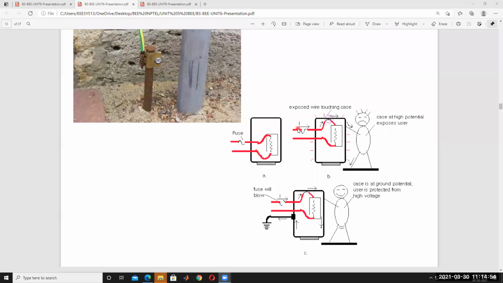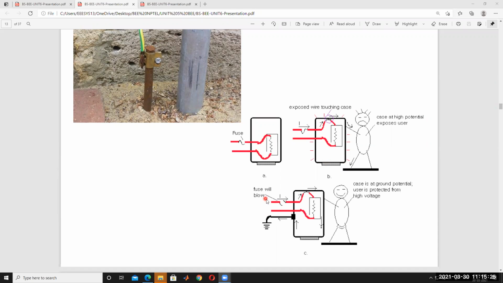If there is an insulation failure and the exposed wire touches the case, then the case is at high potential and exposes the user. Compared to this resistance, the body resistance is less, so the current passes through our body and then to the ground. That's why earthing is compulsory.